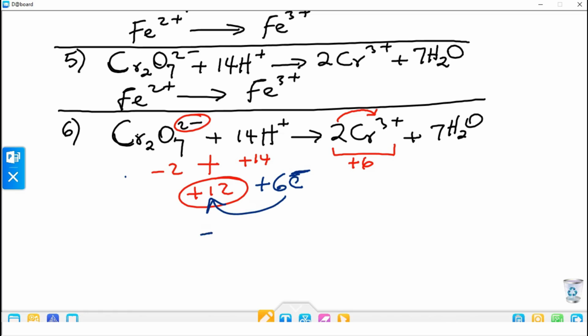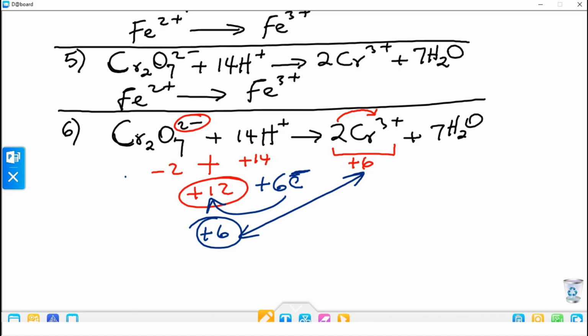So we'll be left with a net of 6 positive charges. So it balances up with these 6 positive charges at the right hand side. So this is actually how to balance our charges. But first of all, we need to know where to add the electrons.